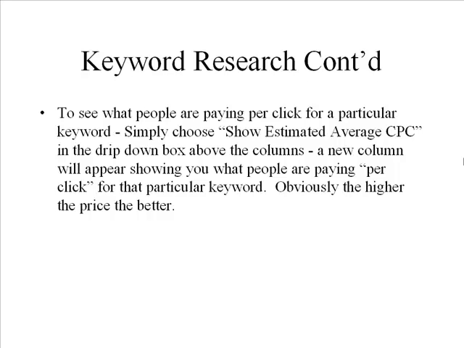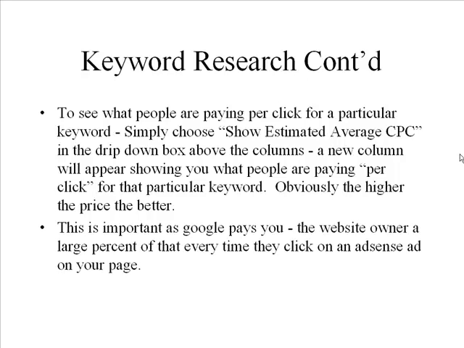That is the amount that advertisers pay to have their ads displayed for that keyword. For instance, I just ran a search on the word mortgage, and the estimated average cost per click for that keyword is $13.88 at the time I'm doing this video.